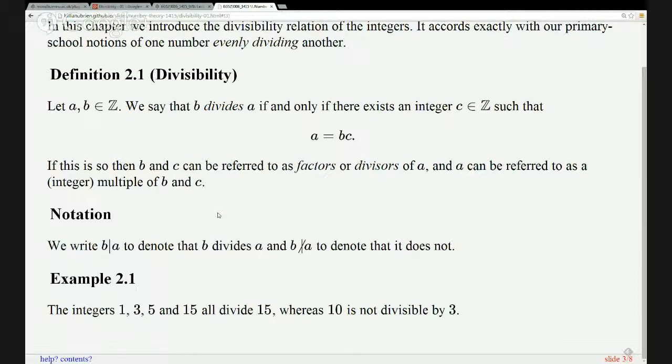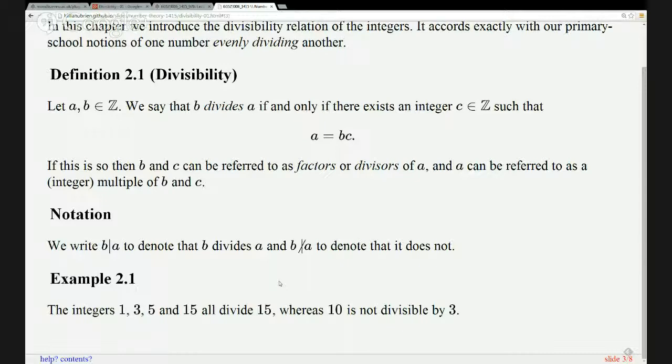So b straight line a, b divides a. For instance, we can write all of these integers, 1, 3, 5, and 15, they all divide 15. So in particular, 15 can be written as multiples of all of these. 10 is not divisible by 3. You can't write 10 as a multiple of 3.